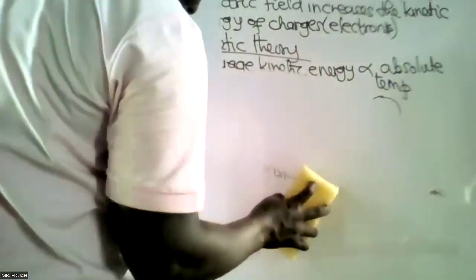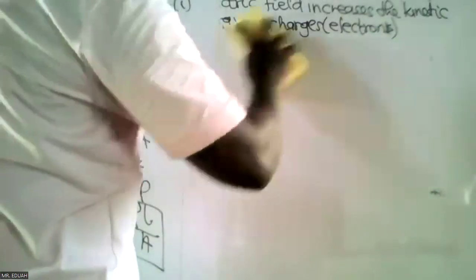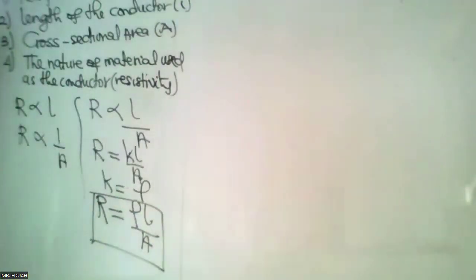So pi r squared is the cross-sectional area. Please, any question? So yeah, so the rho stands for density. The rho stands for resistivity. Resistivity. Okay.